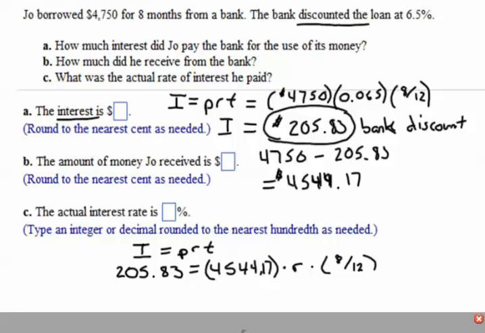Now, if we solve this for R, we will get a decimal, which then we could convert to a percent, which will actually give us the actual interest rate from this discount loan. To solve for R, we're going to have to divide both sides by $4,544.17, and then divide both sides by 8/12 as well.